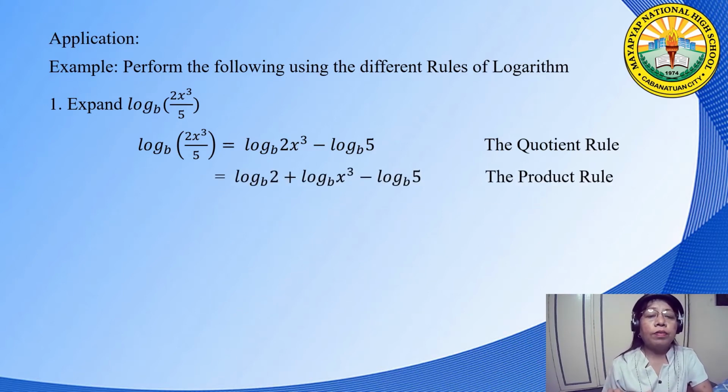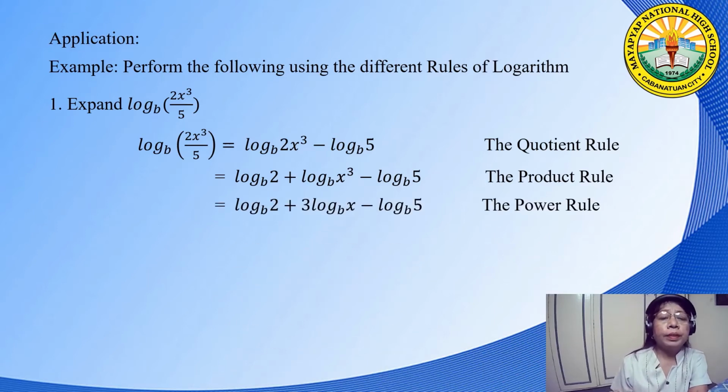Then you simplify. So you apply the product rule. So we have 2 and x to the third power. So you use the definition of the product rule. So we have logarithm of 2 to the base b plus logarithm of x to the third to the base b minus logarithm of 5 to the base b.